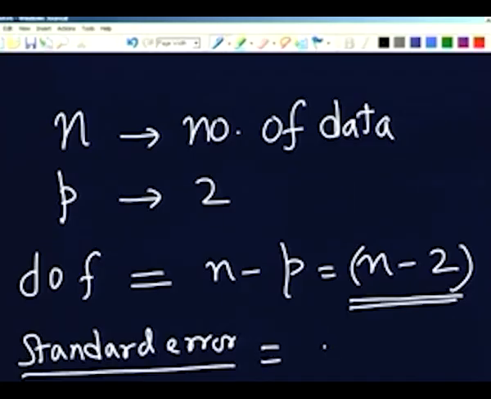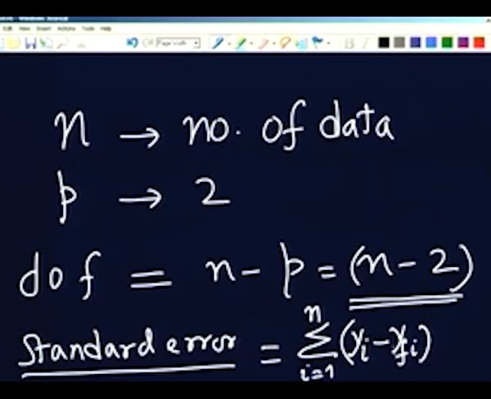This will be given by sigma i equal to 1 to n, the value of y_i, which is the data which is given, minus y_f, where y_f stands for the fit or the regression line, this whole squared divided by n minus 2.